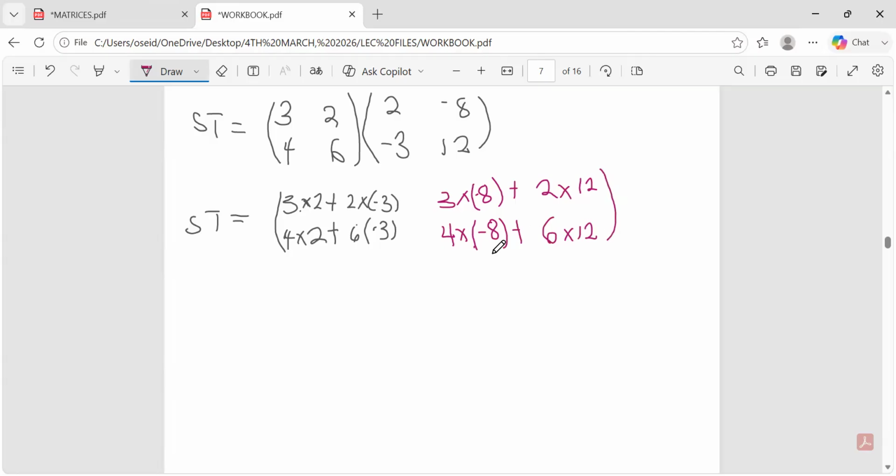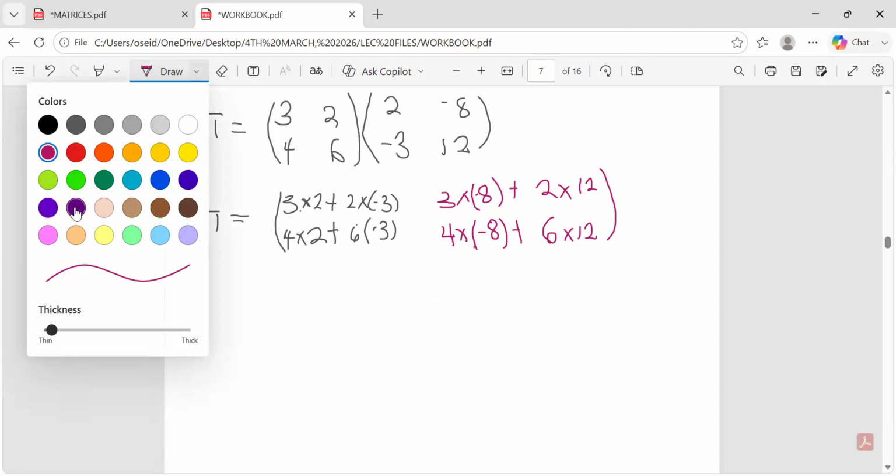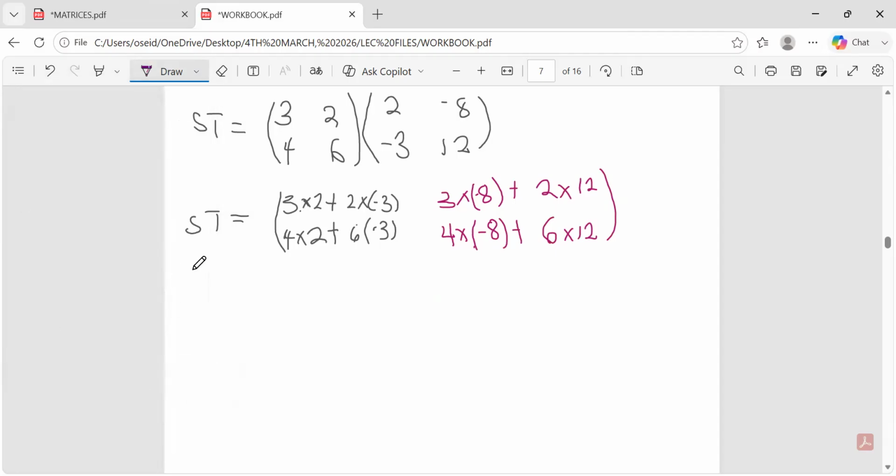Please, are we following? The good students will be noting some of the examples down for additional practice on their own. So ST will be equal to, let's do our multiplication and addition. 3 times 2 is 6 plus 3 times negative 2 gives us negative 6.